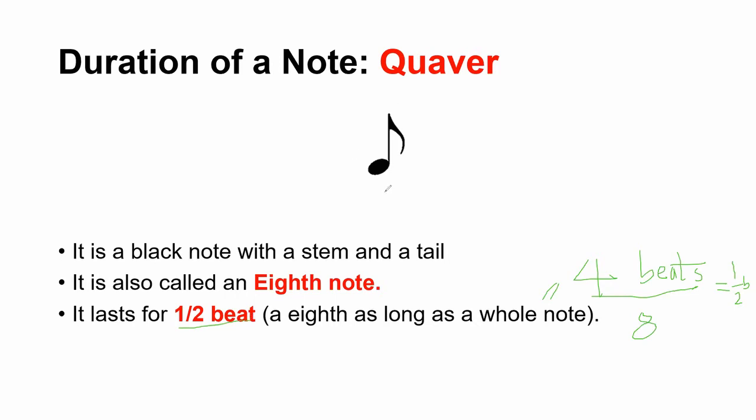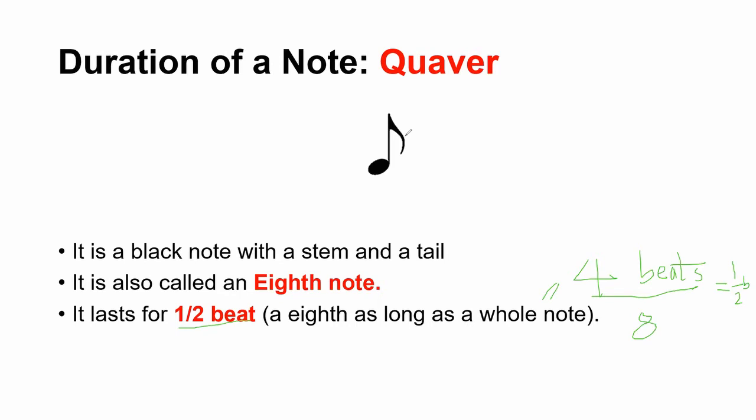So whenever you see this in music, you know that when you play it or you sing it, you must only sing it for half a beat. So if this is your beat, 1, 2, 3, 4, when you see a quaver, you must only sound your quaver for half the time. So basically, when you hear the beat, you must only sing your quaver half of the duration between your beats.